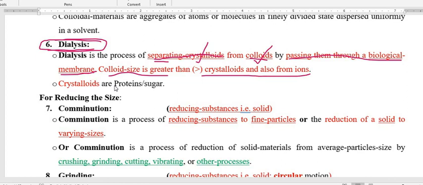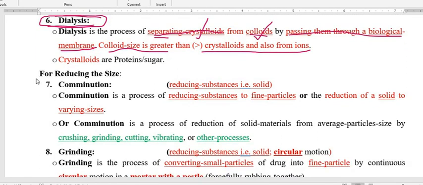Next, we have to go through the terminology for reducing the size of solid particles. Here we are talking about the processes by which we reduce the size of solid particles, either by rubbing, grinding, circular motion, or cutting.